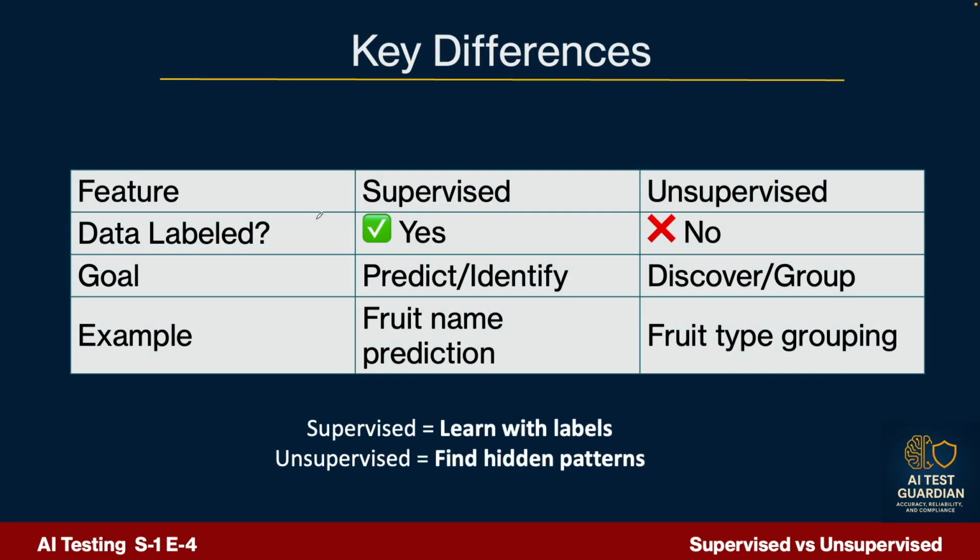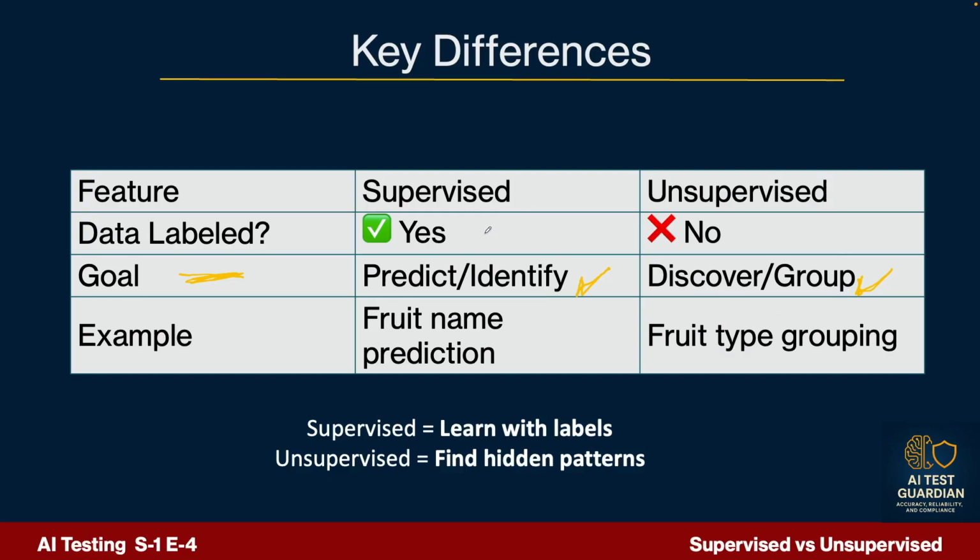Now, what are the key differences? One important thing you need to remember is the goal. Both provide us different functionality. Supervised is for prediction or identification, whereas unsupervised is for grouping. You just throw everything in and it starts making different groups out of it.